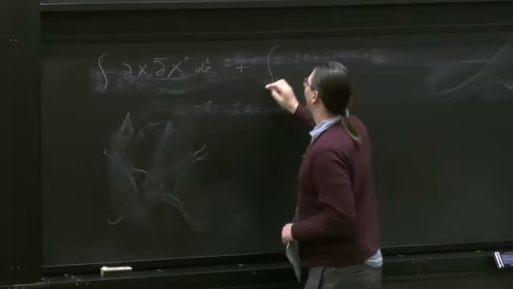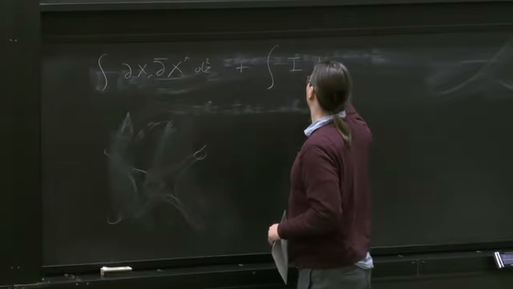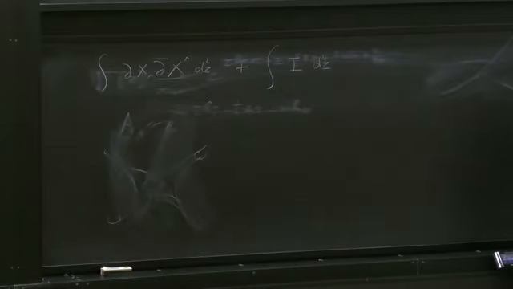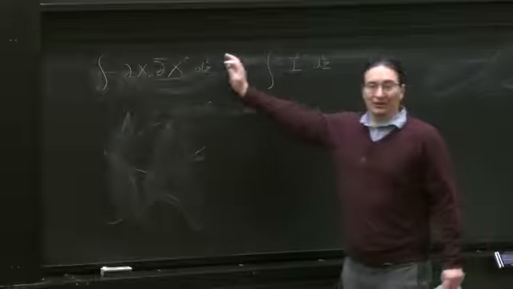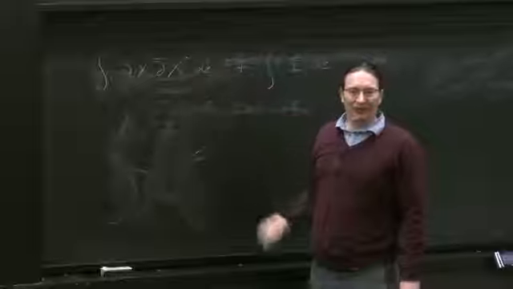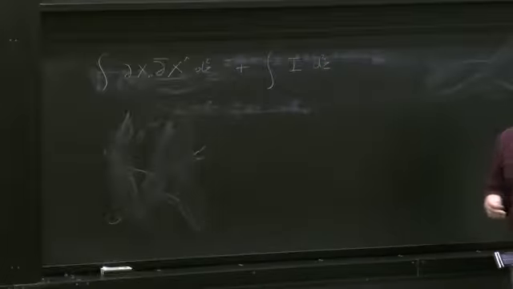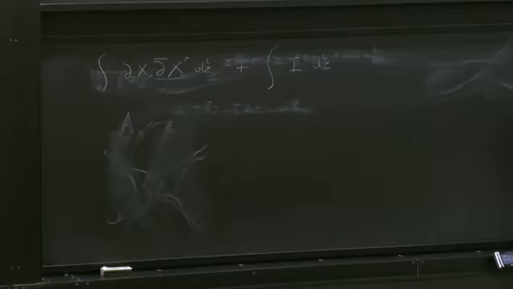Suppose I want to add an interaction. I want the interaction to still be compatible with what we're doing. In particular, worldsheet conformal symmetry was very important. How do I make sure that this interaction preserves conformal invariance?